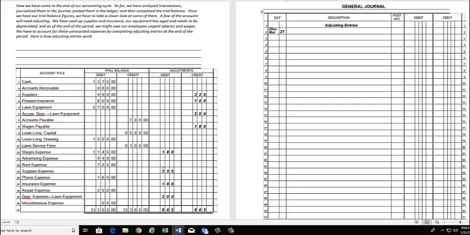Now, the first adjustment we did was the supplies adjustment. We debited supplies expense and credited supplies for $325. So in the debit position, we'll enter supplies expense, and for the credit, we'll enter supplies.